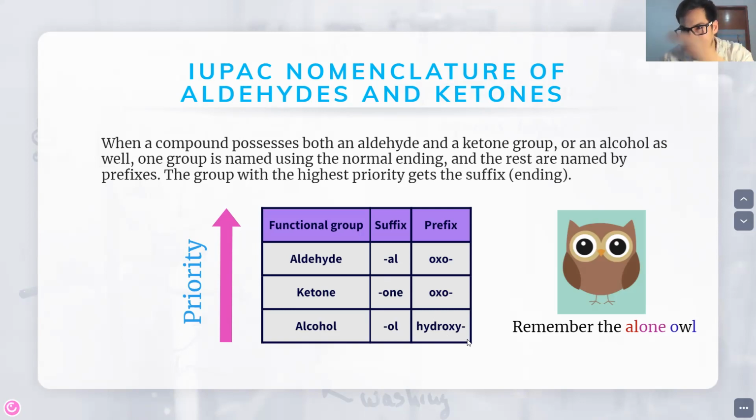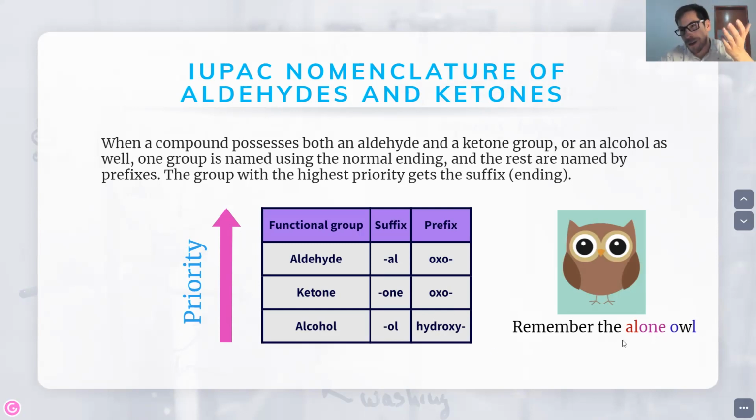A way to remember this priority scale, I think it can work if you remember the "alone owl," the alone owl. So as you can see in red, the highest priority will be the aldehyde, so that is "al." The "one" is for ketone, and the "ol," it's the ending for alcohols.